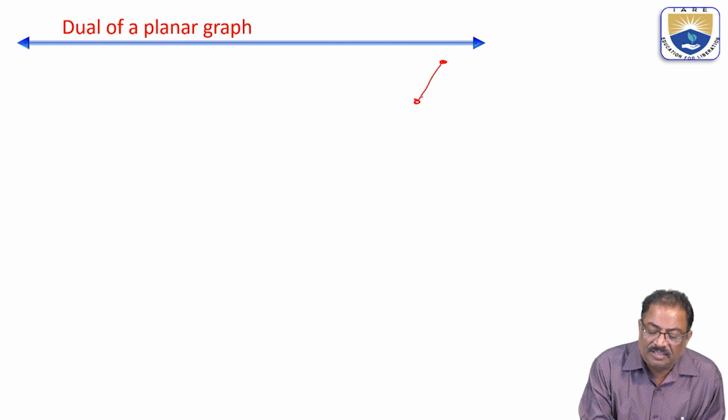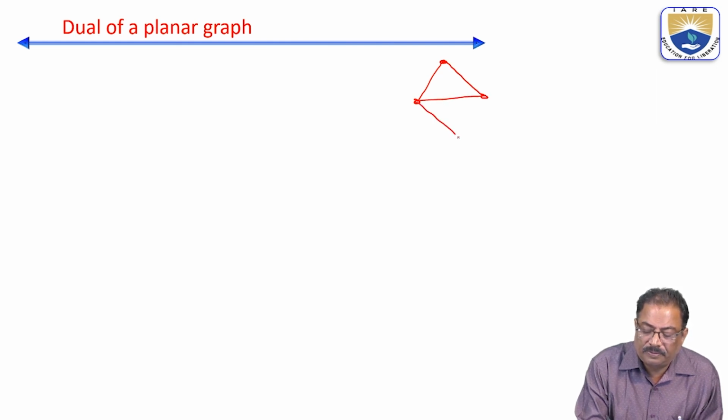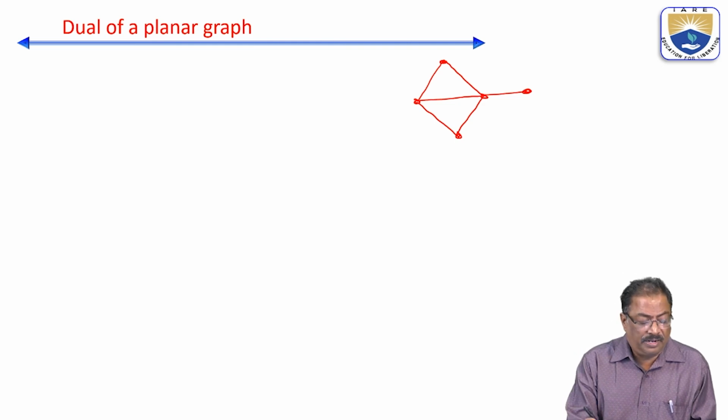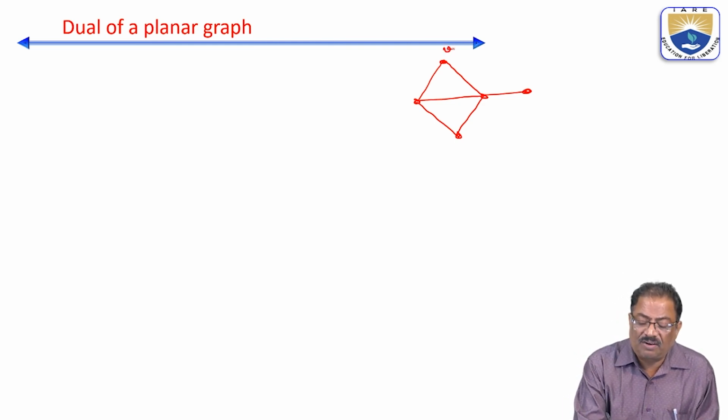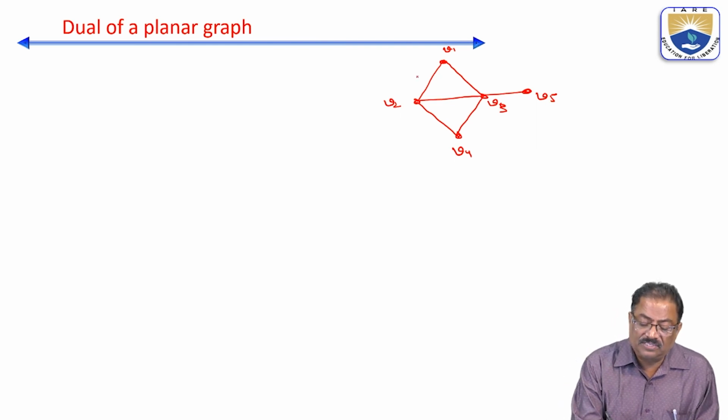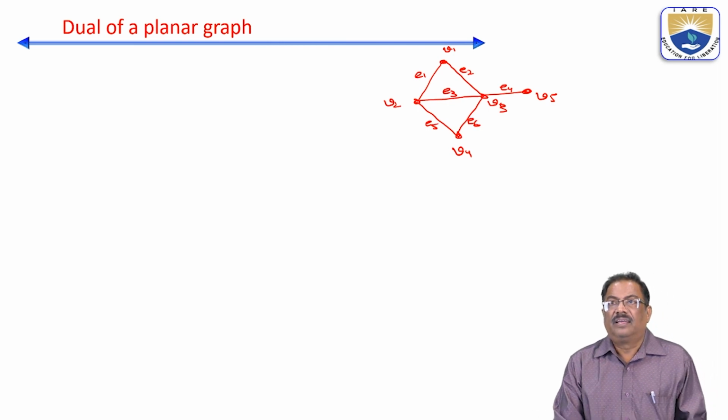Let us say the vertices are V1, V2, V3, V4 and V5, and the corresponding edges are E1, E2, E3, E4, E5 and E6.